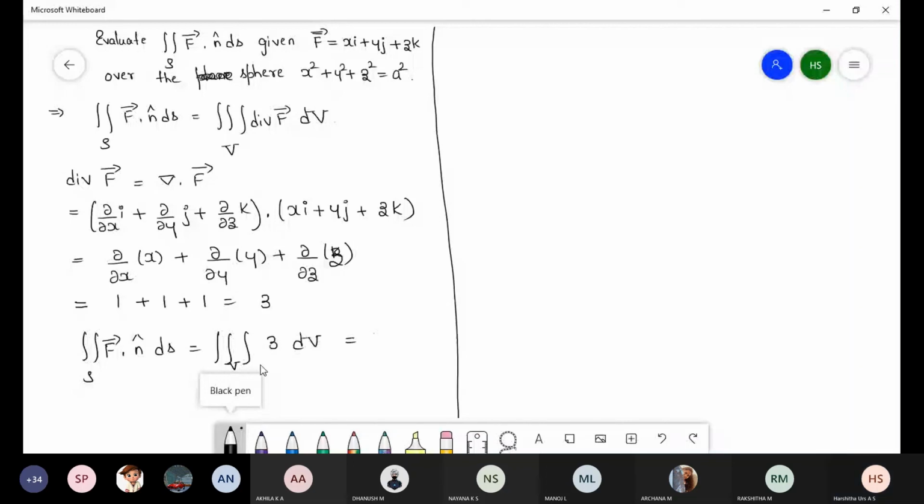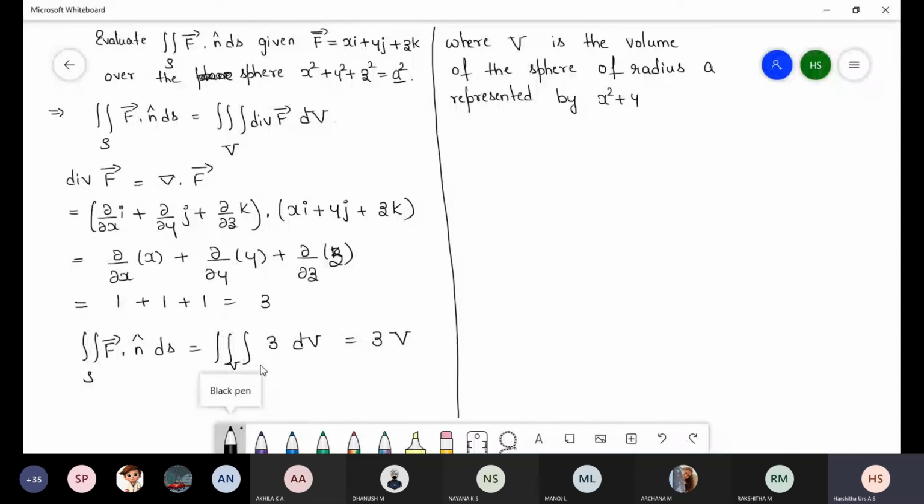So here V is the volume of the sphere of radius a, represented by the equation x square plus y square plus z square is equal to a square.